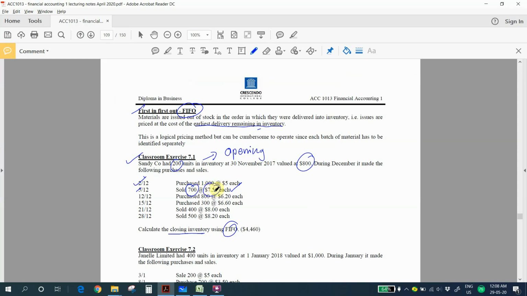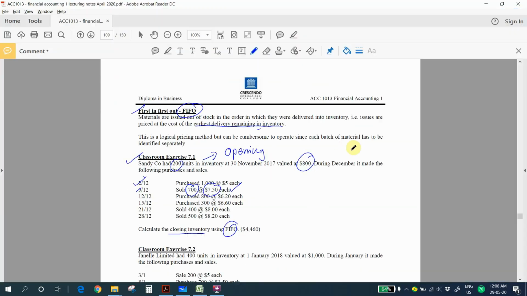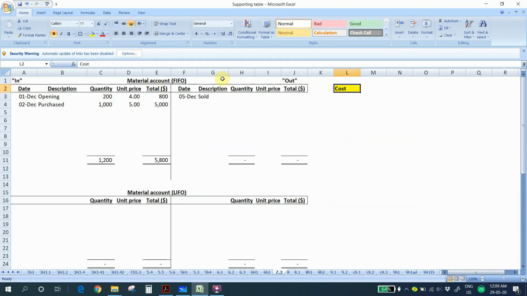I repeat, the selling price is irrelevant information in our material account or inventory account because we only consider the cost. So we sold 700 units. First in, first out concept means that the first item in your stock, you have to sell it first.